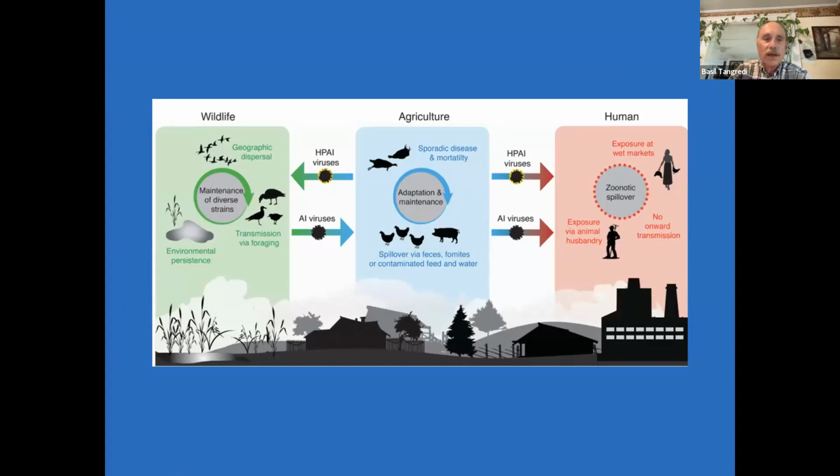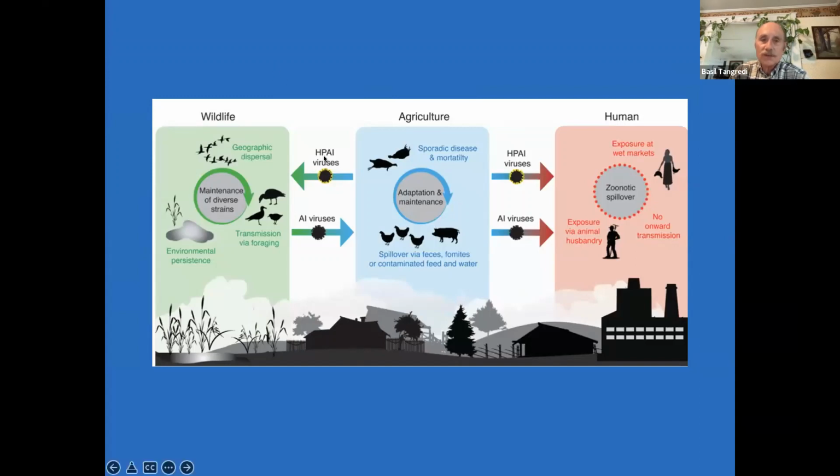And they're traded around in the environment of water. These viruses can live for a year in 60-degree Fahrenheit water. So it's very, very easy for the viruses to infect different birds. You can have different viruses infecting the same bird, and these viruses are reassorting and changing all the time.